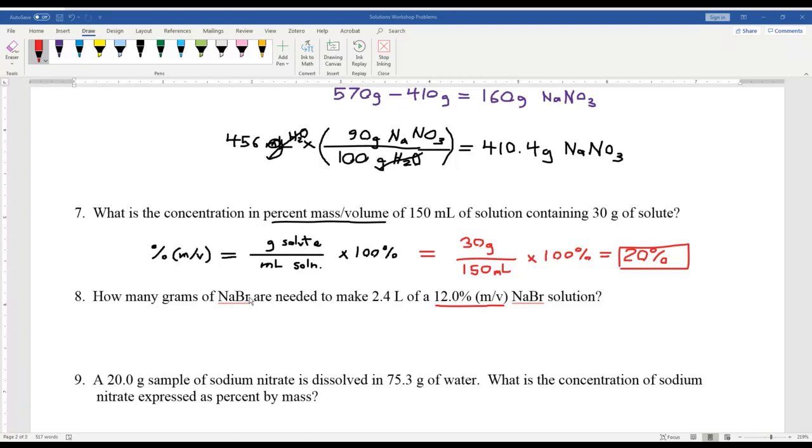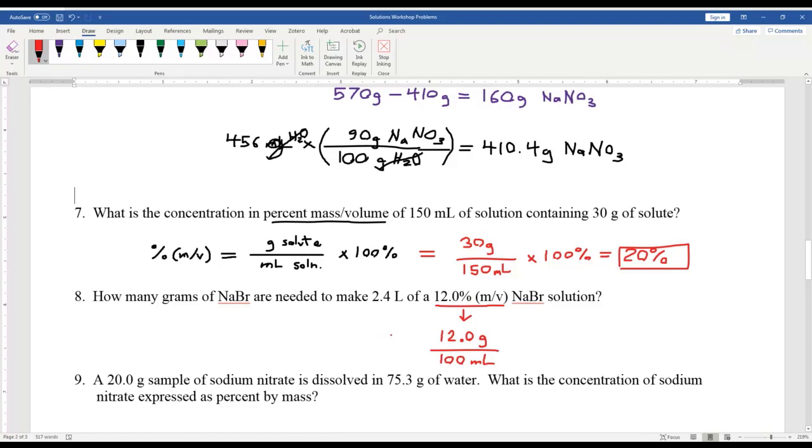So percent means out of 100. When I see this, I can transform it into a conversion factor. It's a mass volume percent, so that means it's 12.0 mass, which is a unit of grams, out of 100 milliliters, which is a unit of volume. So this is my conversion factor. I have to be able to recognize that when I see 12.0%, that's 12.0 grams per 100 milliliters, because it's mass over volume.